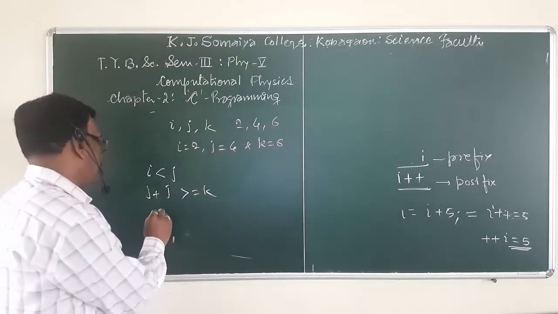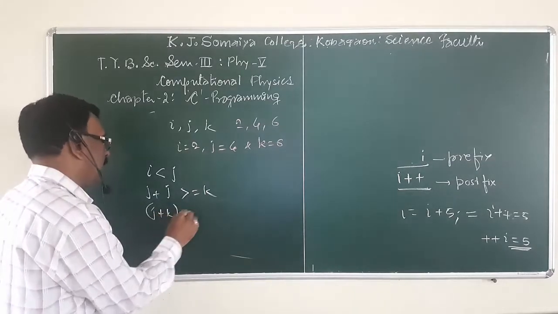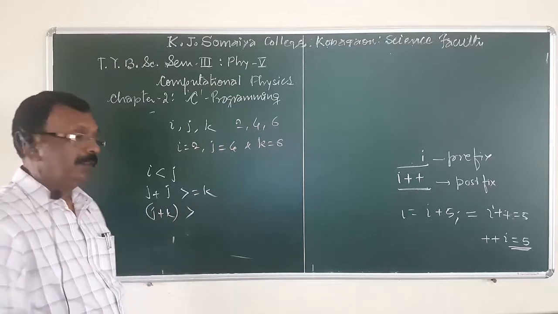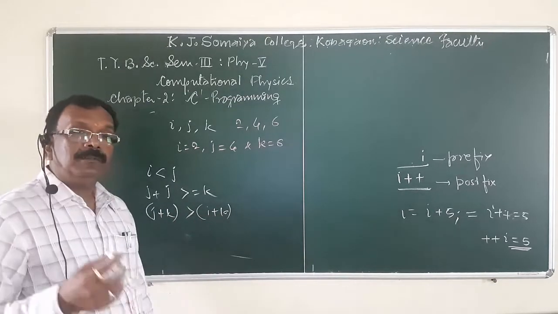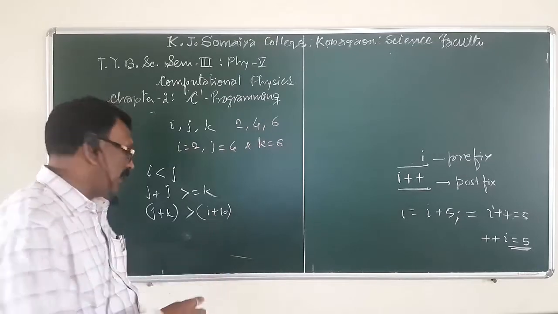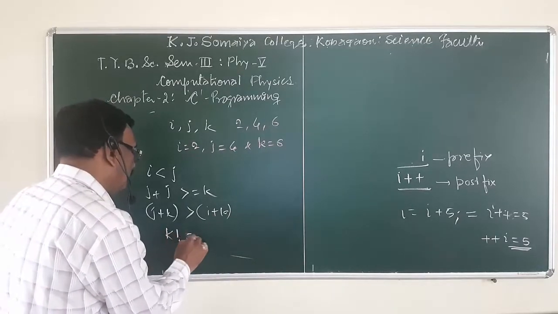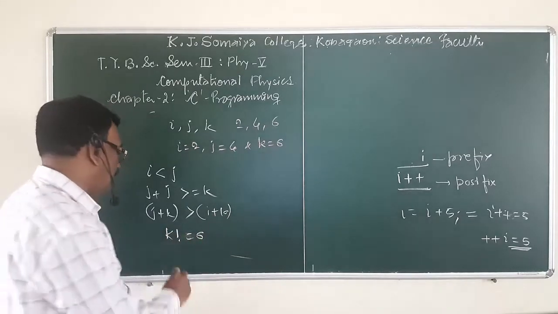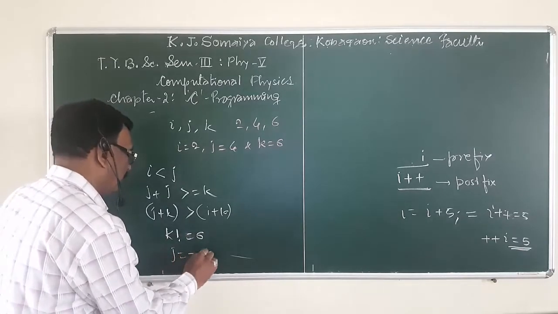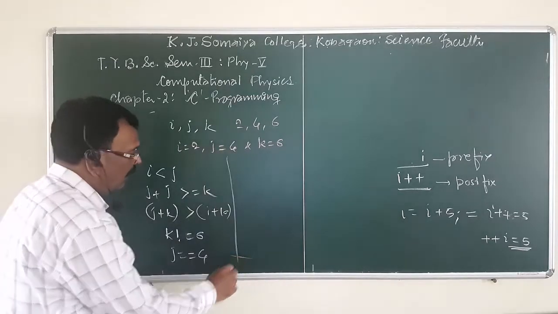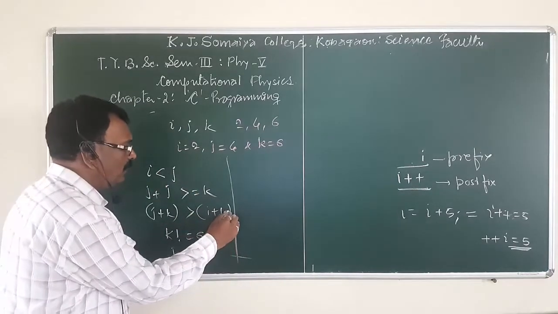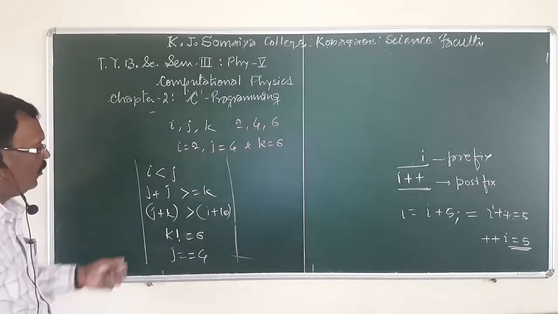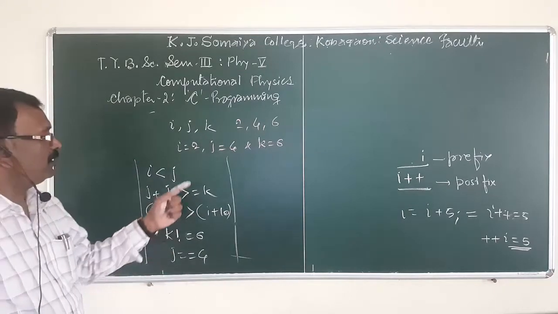Next one, j plus k is greater than i plus 10. Then another expression may be like k is not equal to 6. Then j is equal to 4. There is a variety of expressions, these and more. But here we are going to see only some of the examples.